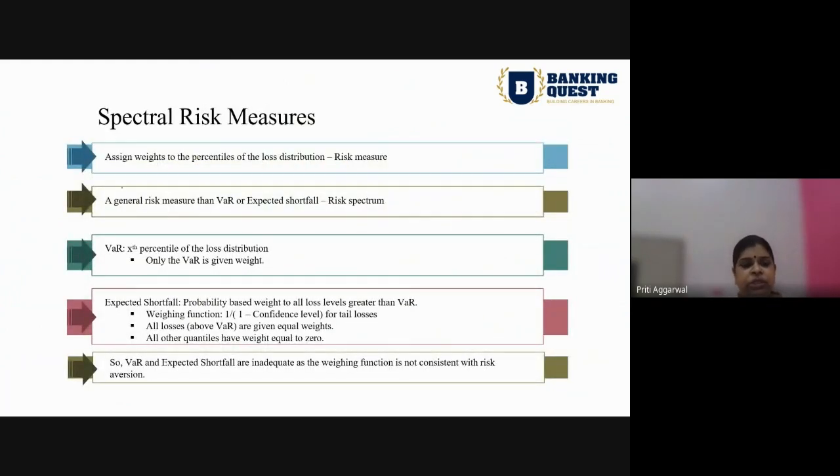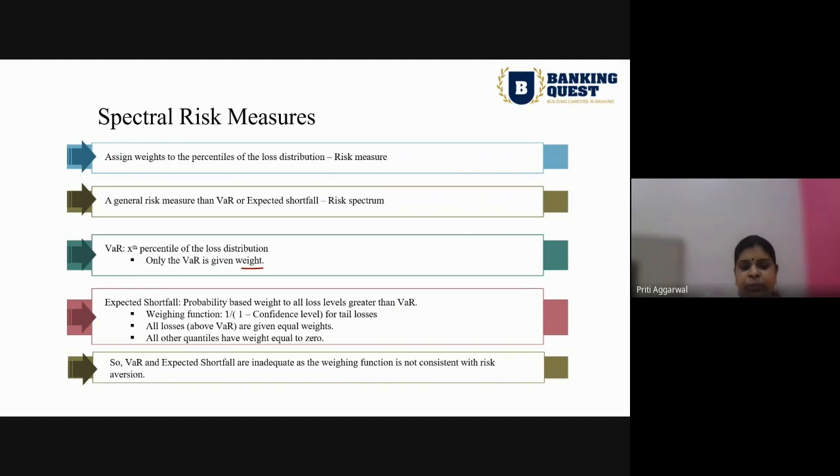Spectral risk measures assign weights to the percentiles of the loss distribution. A general risk measure, of which VAR and expected shortfall are examples, is called your risk spectrum, right? For VAR, which is the X percentile of the loss distribution, only that percentile is given weight. Expected shortfall gives probability-based weight to all the loss levels greater than your VAR.